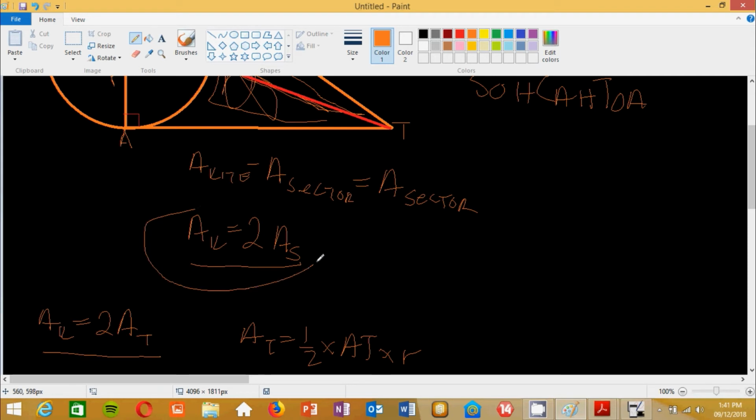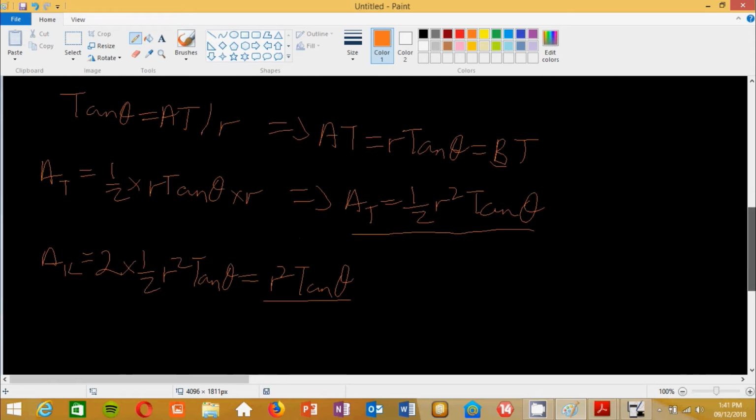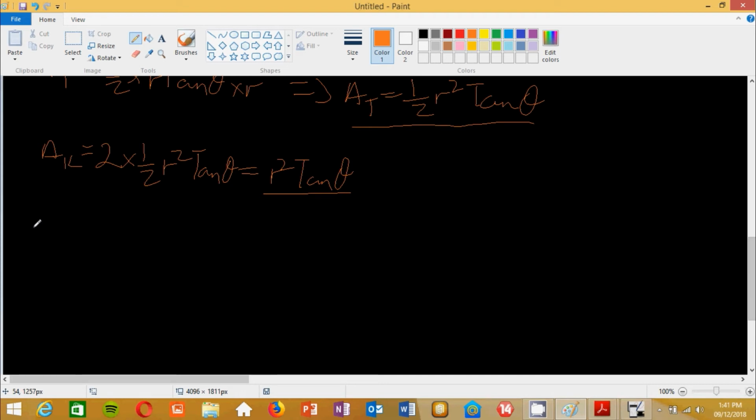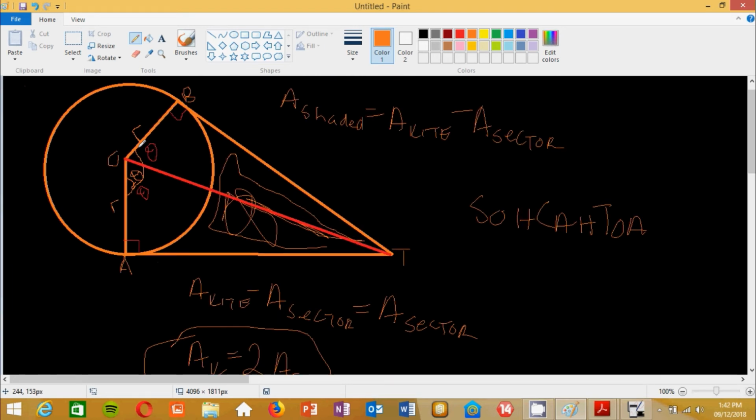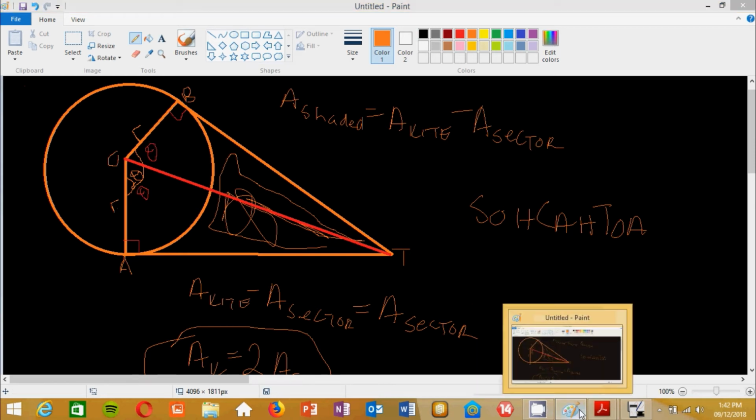I go back to this interpretation here. I now have the area of the kite. Now I need to find the area of the sector. Now I know that the area of a sector is given by a half r squared multiplied by theta, where theta is the angle. But theta in this case is 2 theta, because the angle is 2 theta, as you saw here.